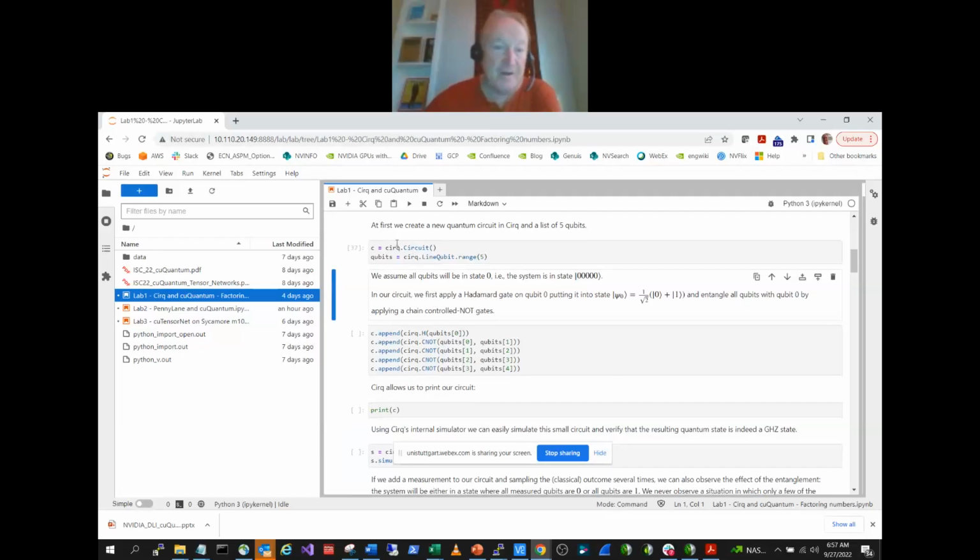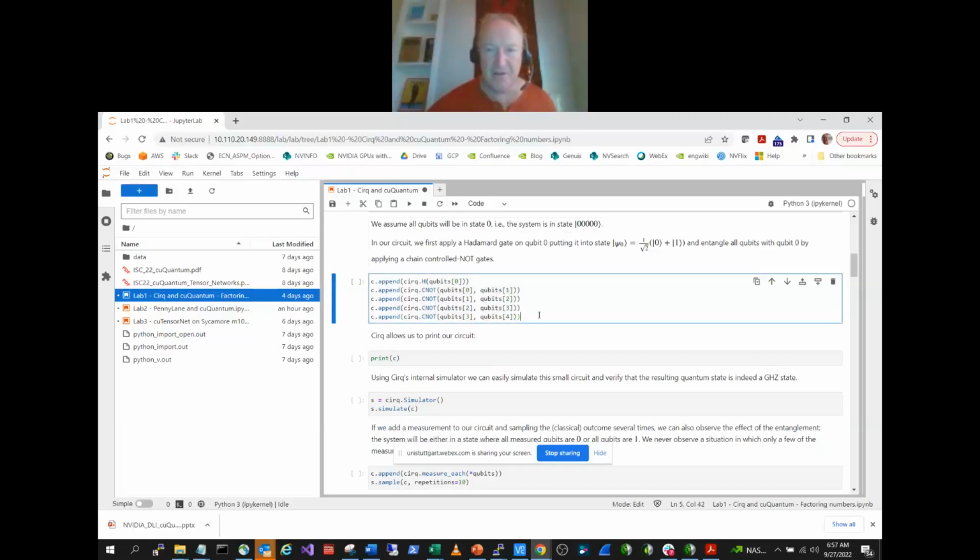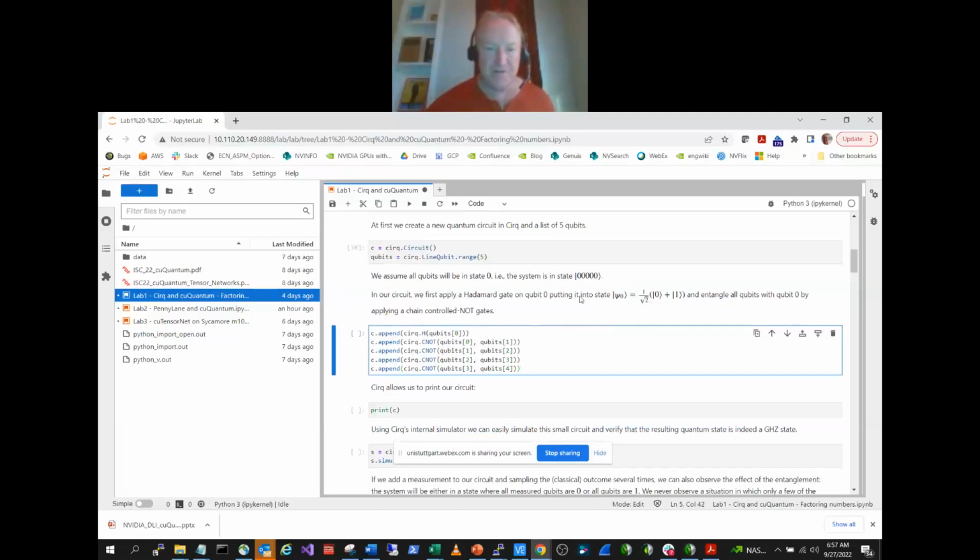So we create a circuit to get the initial circuit qubits. There are a number of ways to create the number of qubits. Here we're just asking for 5 qubits. Again, there's a variety of ways you can define the qubit layout. So this is the initial creation of the circuit. We do a Hadamard gate and then CNOT gates to do the entanglement.